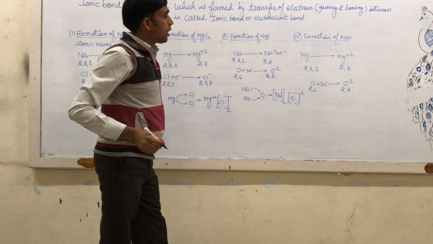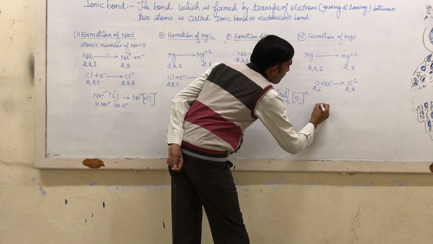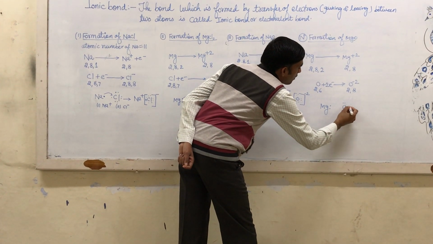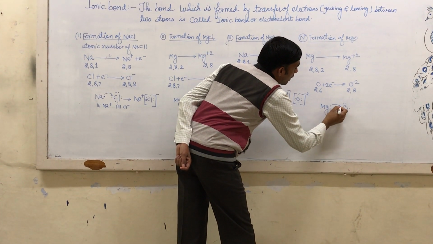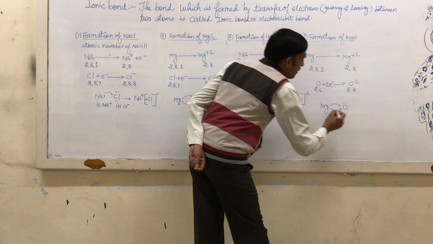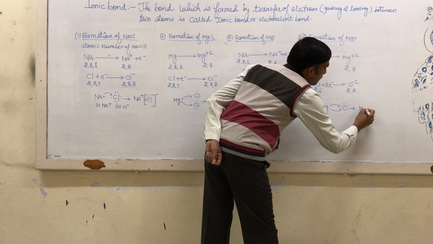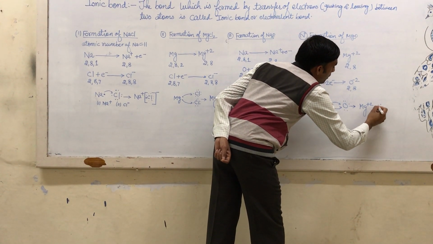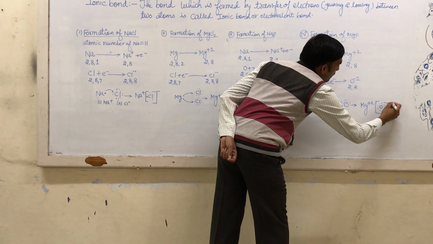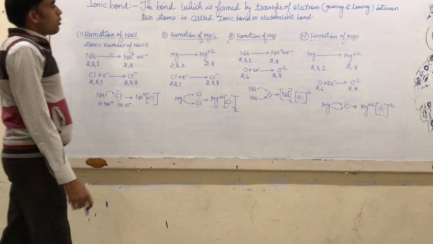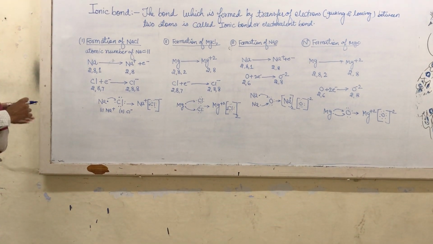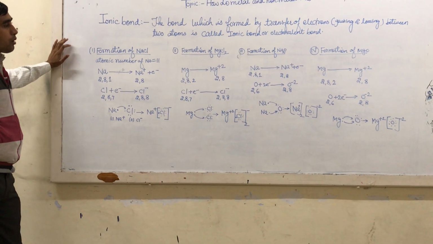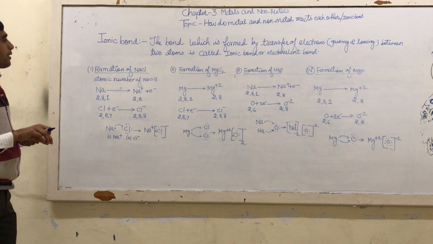Again, being opposite, they come in contact like this. Mg has 2 valence electrons and oxygen has 6 valence electrons in the outermost shell, so it can transfer 2 electrons, and the compound is Mg 2 plus and oxide 2 minus with 8 electrons. So this is the formation of electrovalent bond or ionic bond, and we can explain it by the formation of sodium chloride, magnesium chloride, sodium oxide and magnesium oxide.